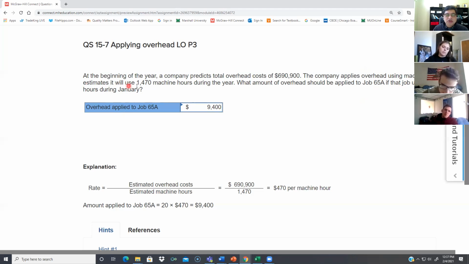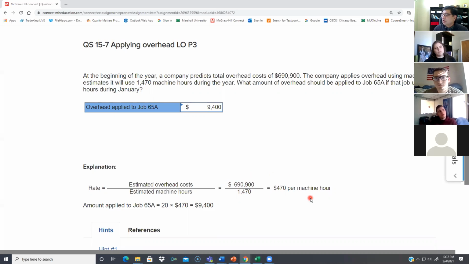The machine hours estimated during the year is 1470. So we will be using 1470 machine hours during the year. So we had 619,900 and 1470 is the number of machine hours. So the overhead rate is $470 per machine hour.